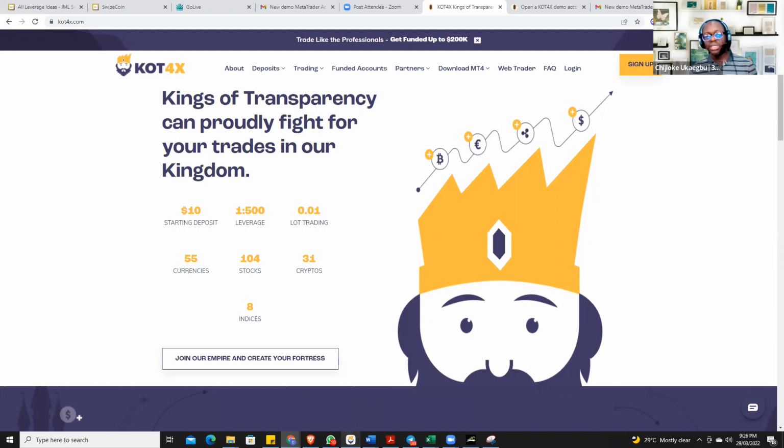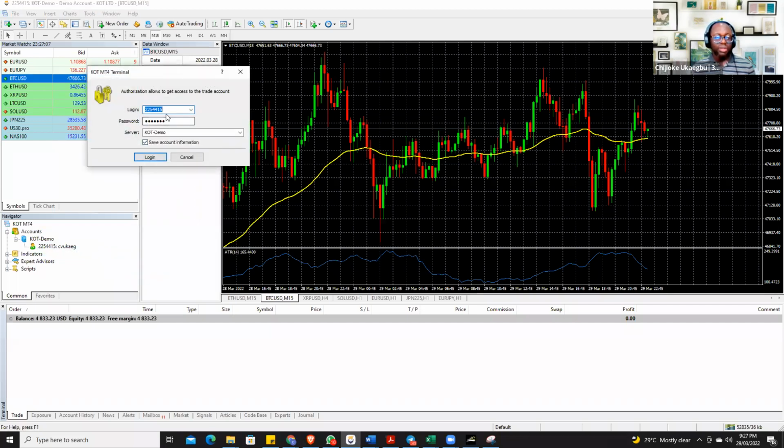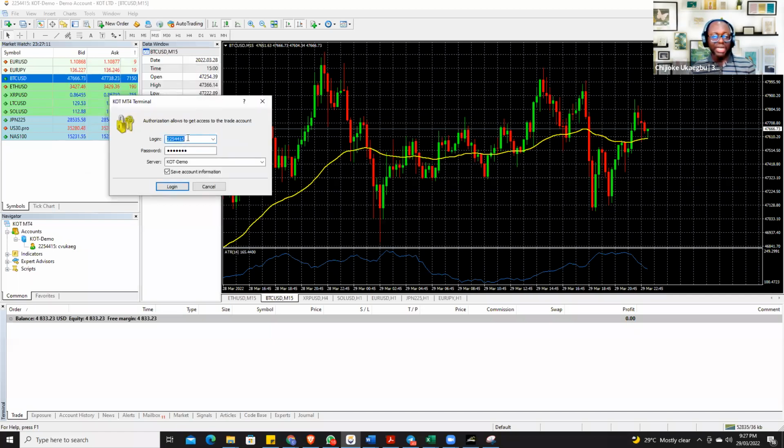Ultimately, you'll end up with something like this, where you can come to the accounts section and click login to trade accounts. Now, what you'll be doing on this side when it says login to trade accounts is you'll go back to your email. Remember, you were given a username in your email and a password, and the server will be KOT demo.